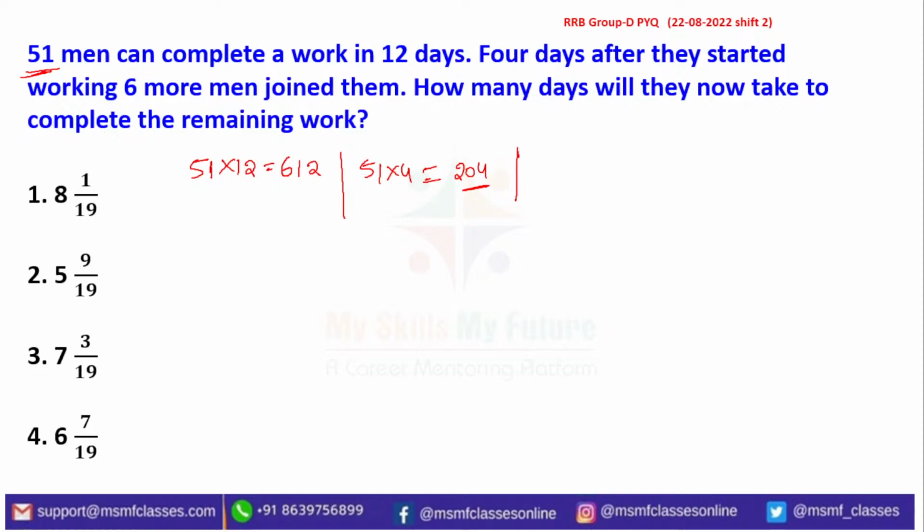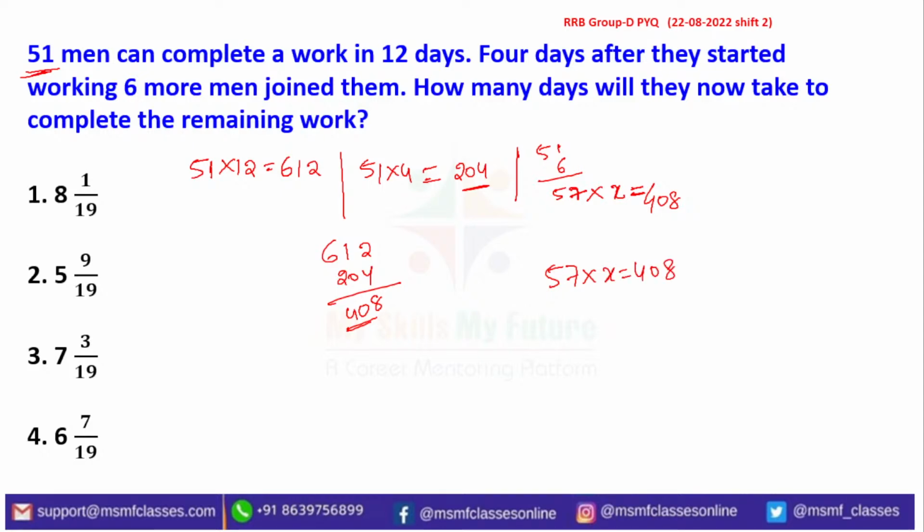So remaining: 51 plus 6 members added is 57. So 57 into x, where x is the number of days we don't know, is equal to 612 minus 204, which is 408. So 57 into x is equal to 408.